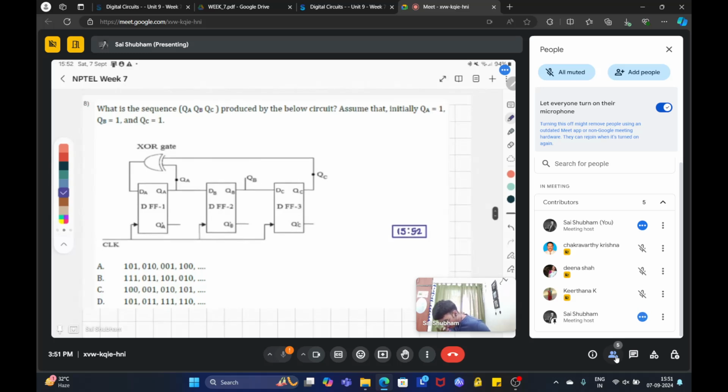So what is the sequence QA, QB, QC produced by the below circuit, assuming the initial condition 1, 1, 1? This is a straightforward question. I will give you 2 minutes to solve.